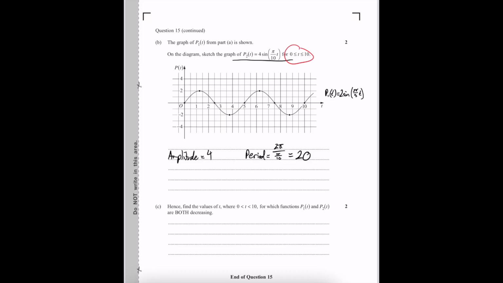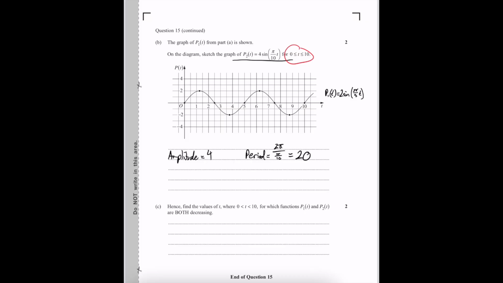Because essentially 10 is half of 20, and so the graph itself, we're only going to be seeing one half of it. So if you imagine what a sine curve looks like, we go up, then down, and then up again. We're just going to have this portion.